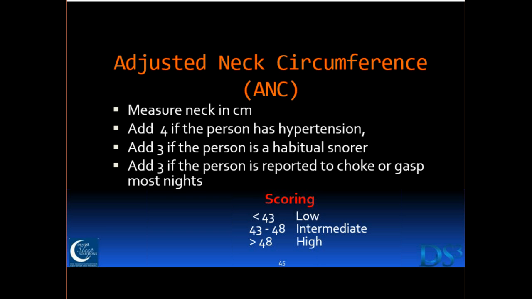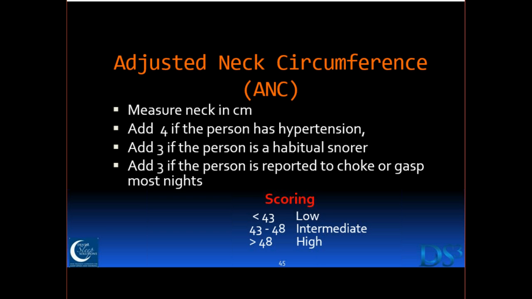And I'm going to throw in there too, Guy, that we have to remember as dentists that sleep disordered breathing is a multi-level disease. It's not just what we see in the mouth. It can start in the nose and go all the way down to the middle of your throat, so to speak. There is an adjusted neck circumference that we can look at.